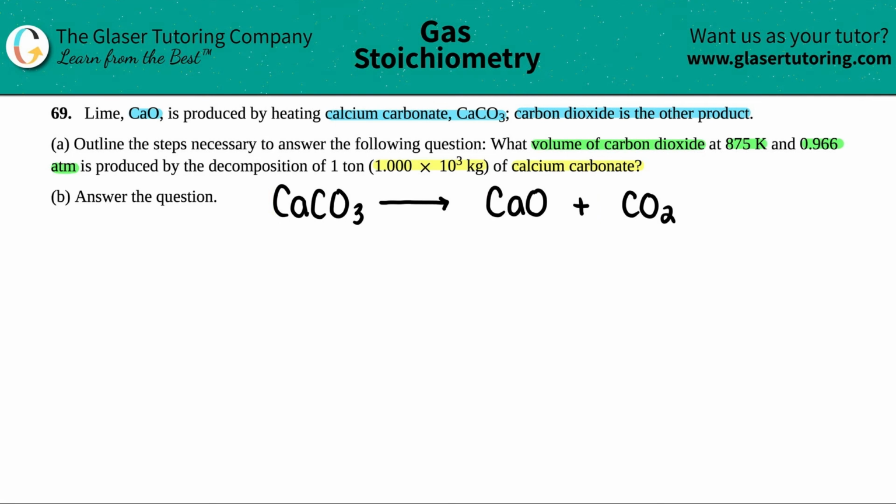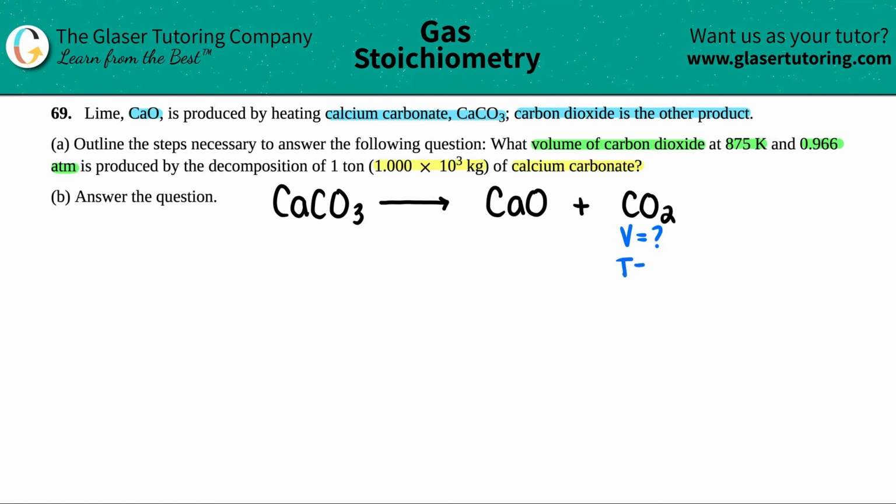But now since we have a balanced equation, I'm now going to write out what the question's asking for and all the things that they tell me. So they're asking for what volume of carbon dioxide. Here's the carbon dioxide. I'm looking for a V, volume equals question mark. But they give us more information. They say, what's the volume of carbon dioxide at this temperature? So they go together.